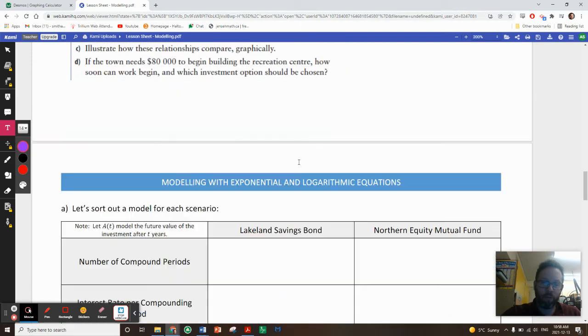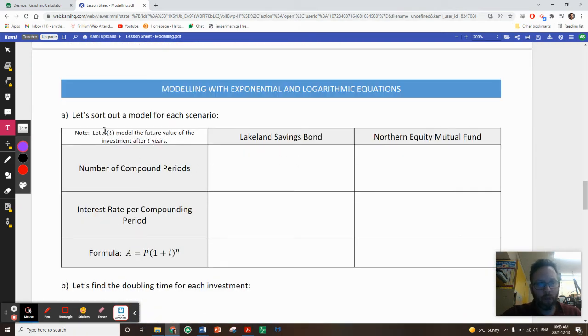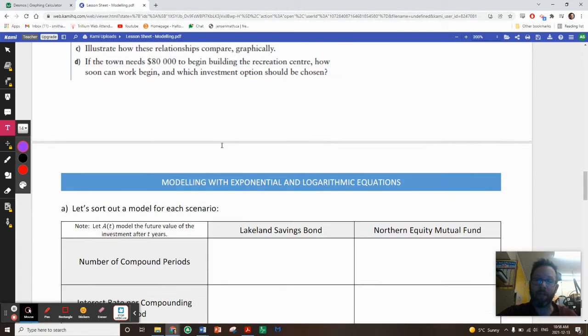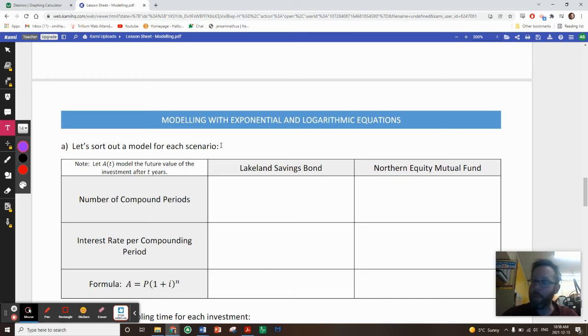Let's look at our example and reinforce that. We're going to make a model, A of t, that models the future value of our investments after t years. With the Lakeland Savings Bond, we are compounding annually. That means interest is calculated every year, so if t is years, the number of compounding periods is equal to the number of years.